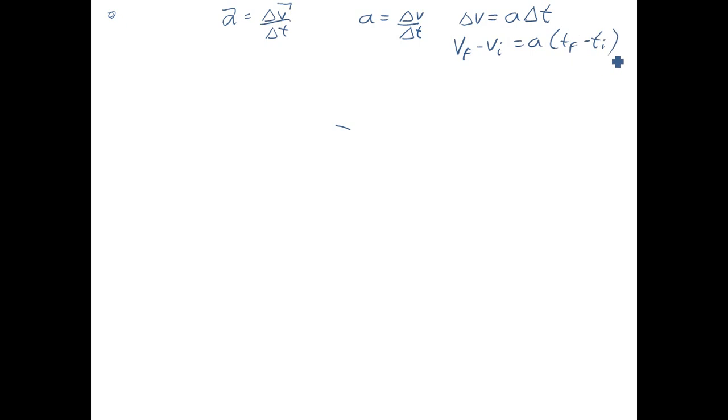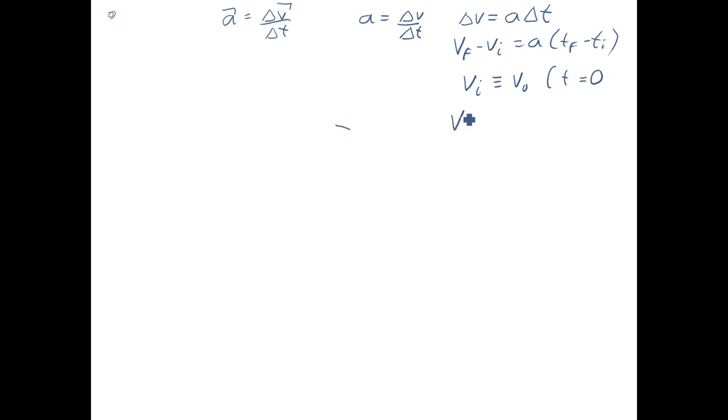Now just suppose, and we're free to do this, that v initial, let's call it v naught, occurs when t is equal to 0. So we're going to look at an equation where at t equals 0 it has initial velocity of v0. Might be 0, it might be something else.